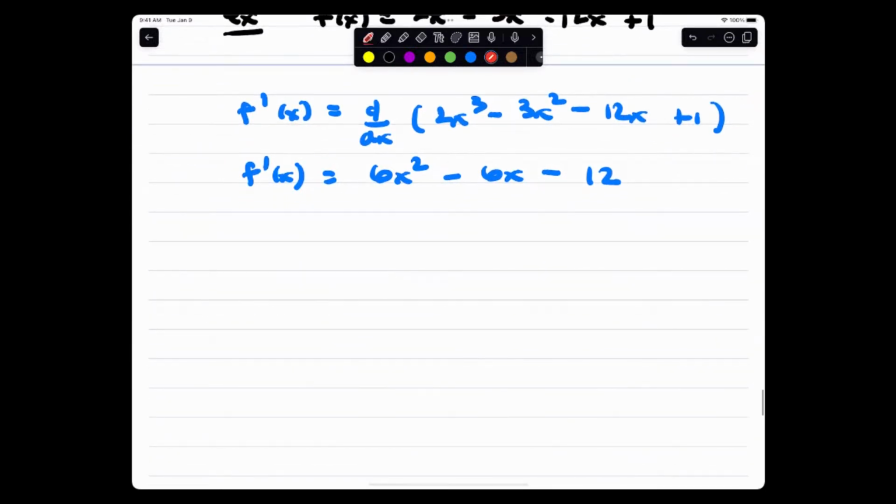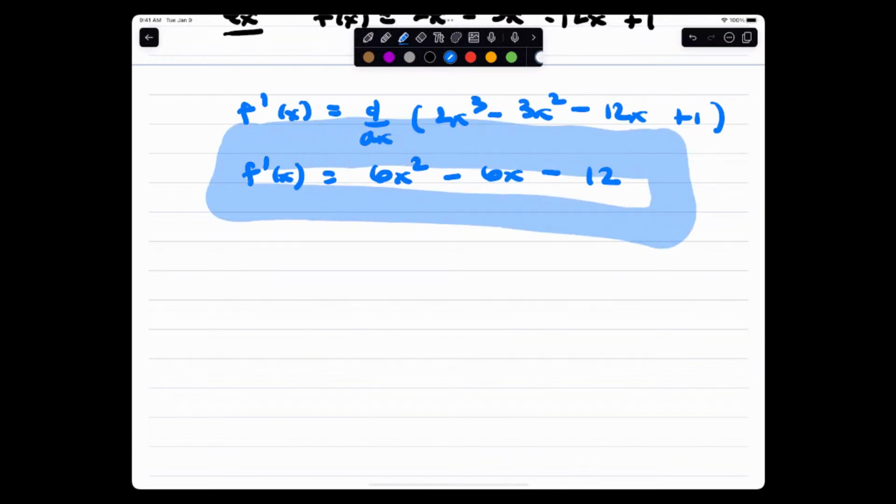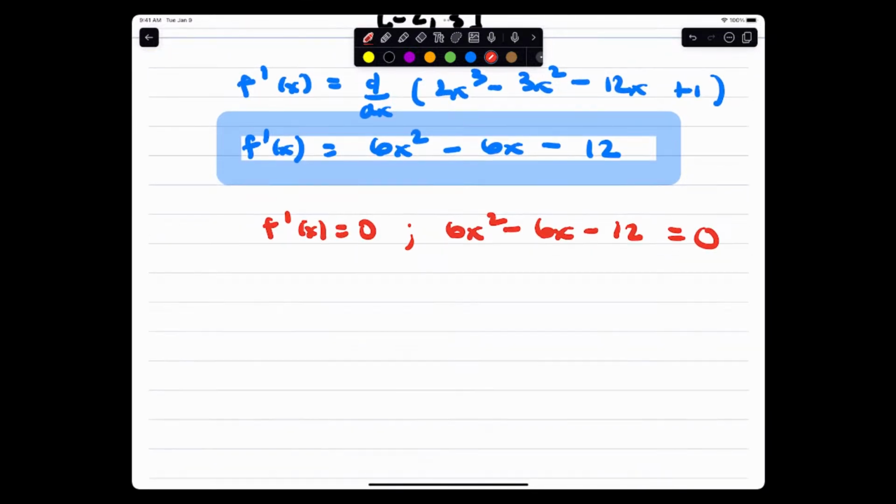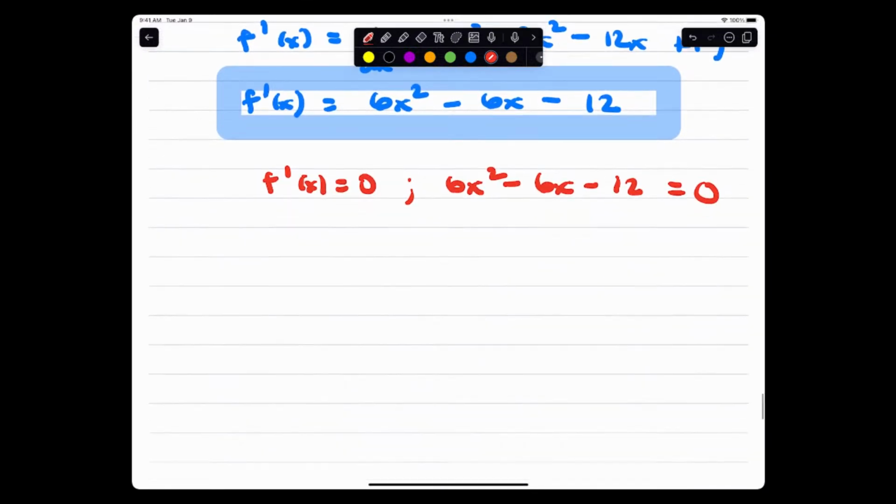Okay, what do we have to do with this? Set it equal to 0. And you say, Mr. Judge, how come that thing never does not exist? It's a polynomial. Differentiable everywhere, right? So I'm going to divide every term by 6. You know what I get? I get x squared minus x minus 2 equals 0. I'm going to factor the old-fashioned way.